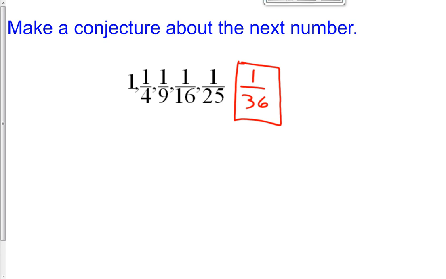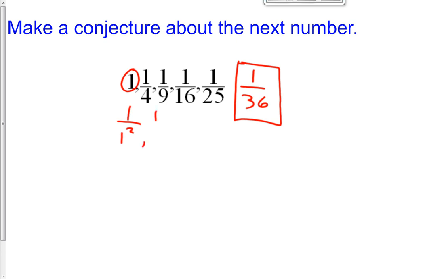If you want to look at it this way, 1 is going to be in the numerator because that's been the pattern throughout. 1 is in the numerator, 1 is in the numerator, and so on. For the denominator, the first number is 1 over 1 squared.